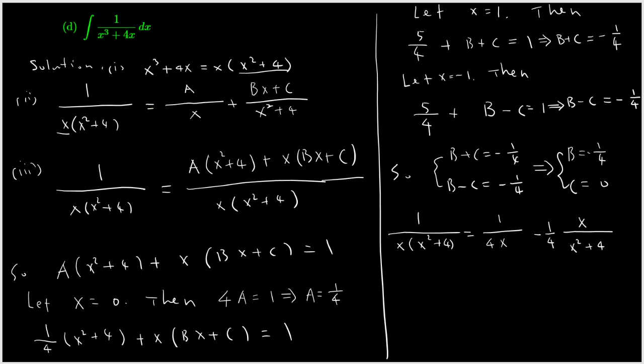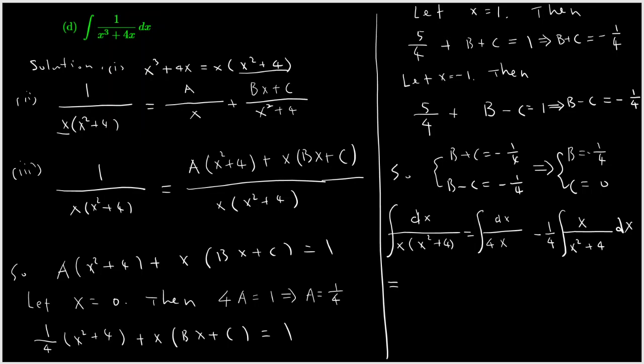Okay, now we are ready to go back to this. Originally we wanted to integrate that, right? Now all we need is to integrate that, and negative 1/4 of that. Now look at the integral of the first term.